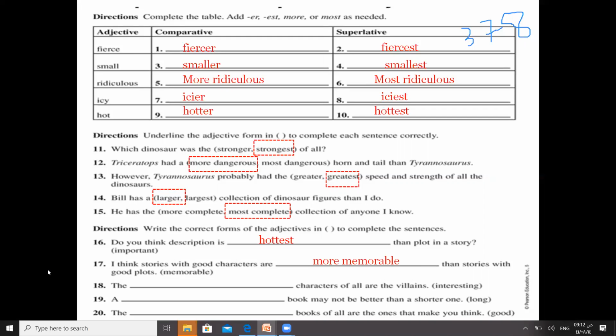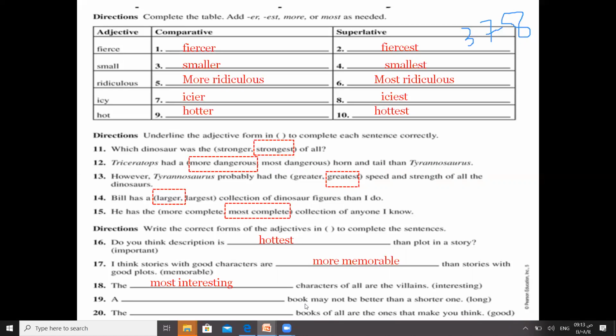I have interesting characters, the villains. Most interesting characters of all. So I'm comparing between more than two. Okay.